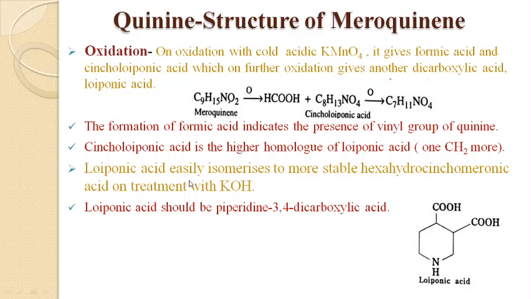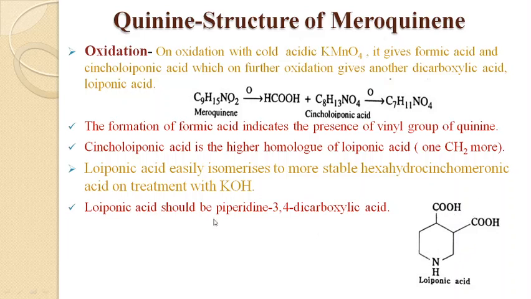Next, loiponic acid easily isomerizes to the more stable hexahydrocinchomeronic acid on treatment with KOH.